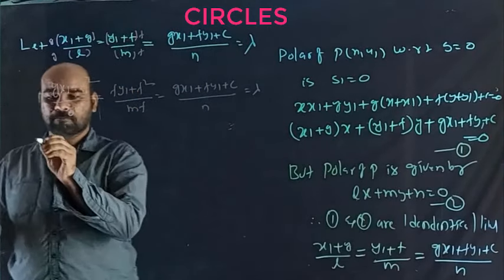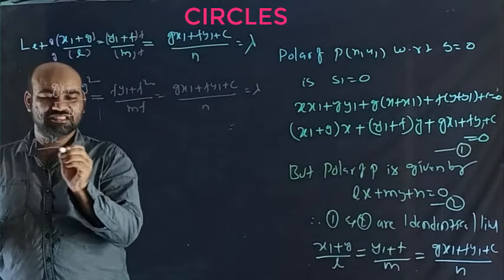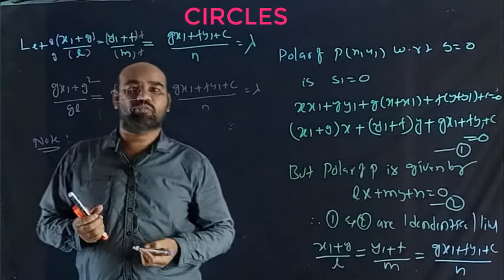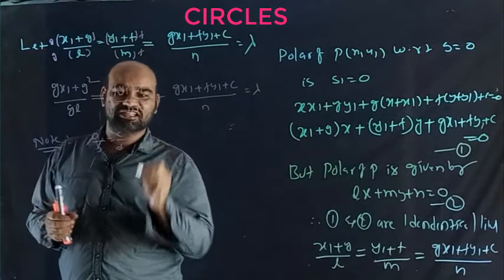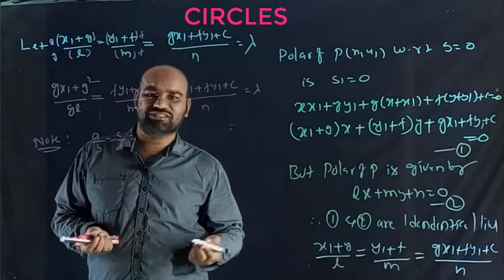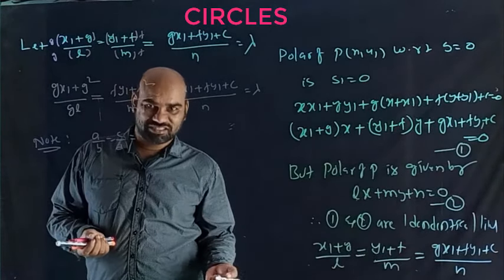Note, this result we can obtain from ratio and proportion. If a by b equal to c by d, then the result is equal to (a plus c) by (b plus d), or (a minus c) by (b minus d).